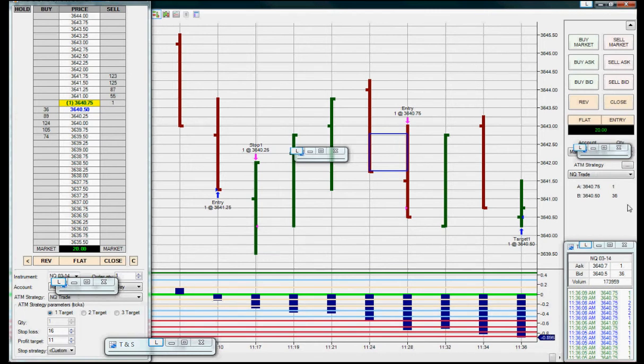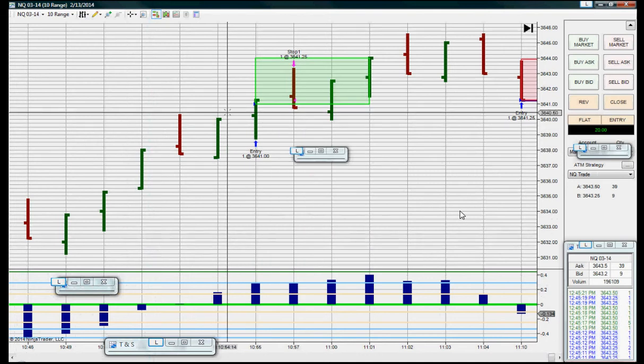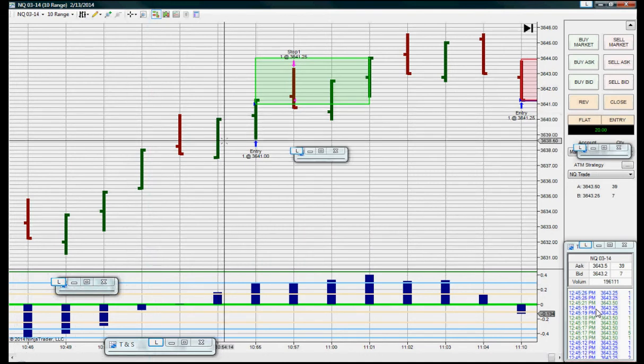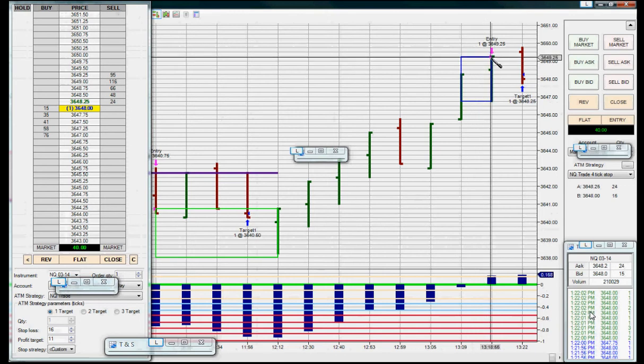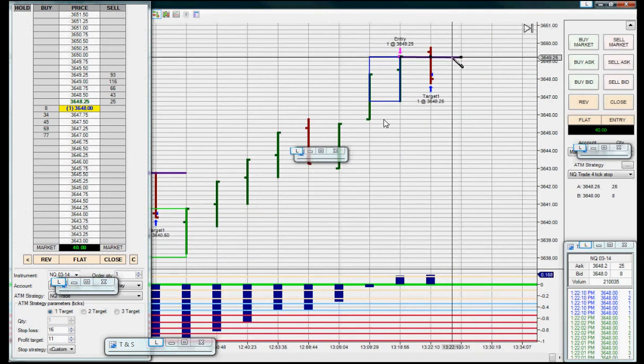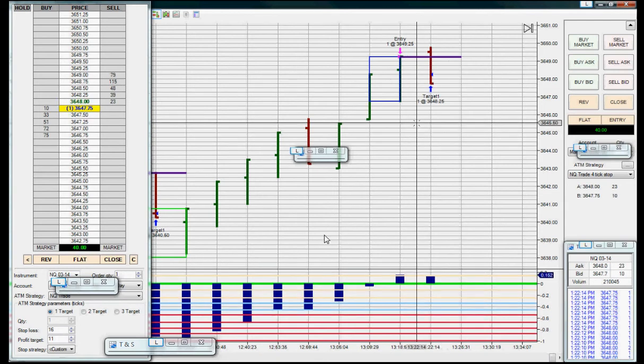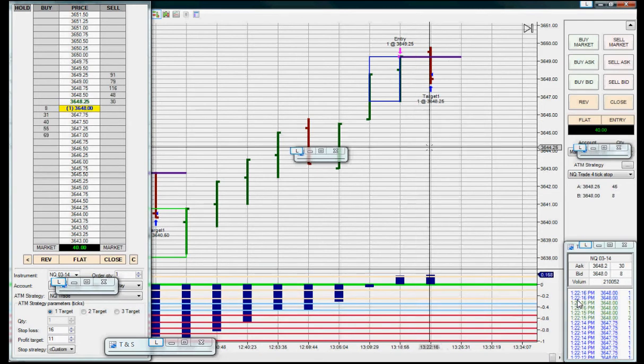I got 2 more. How much time we got? Let me pause. Okay, I'm not exactly sure what happened with my recording. I think my software had a glitch in it, and somehow I ended up missing this trade right here. As you saw, it jumped from 12:45 or whatever to 1:22.